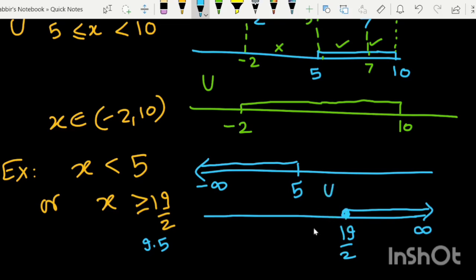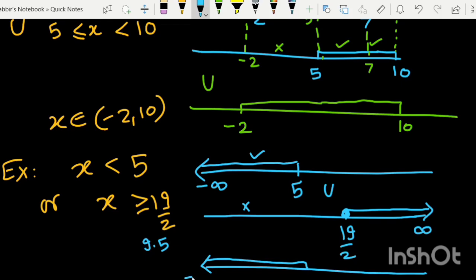Now if we have to take the union, this is what I was saying in the beginning. This is the illustration of using union as a symbol. As you can see here, minus infinity to 5 is here, but there is no x here. Since we are taking solutions satisfying both or any one, that is the union.